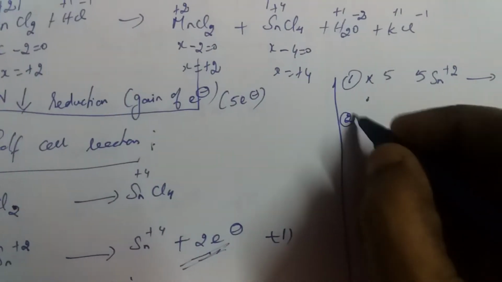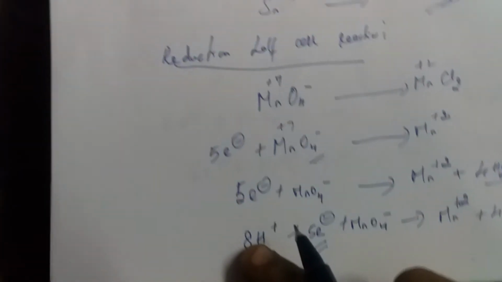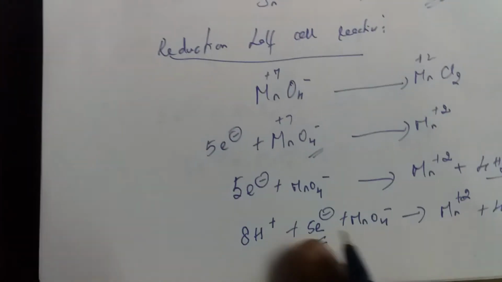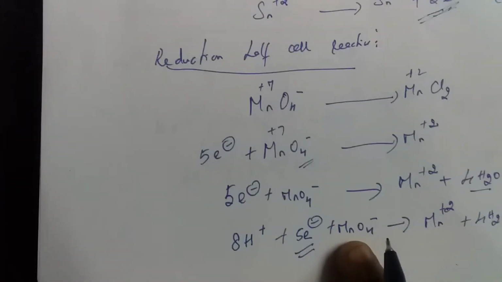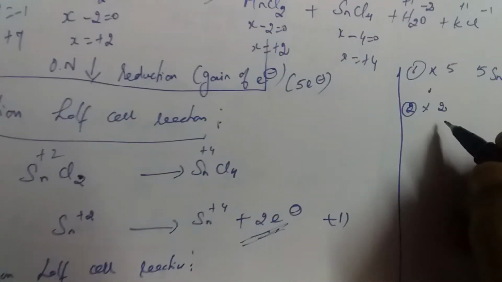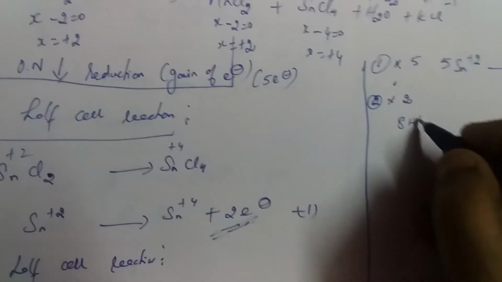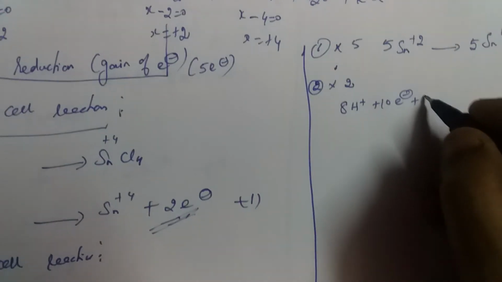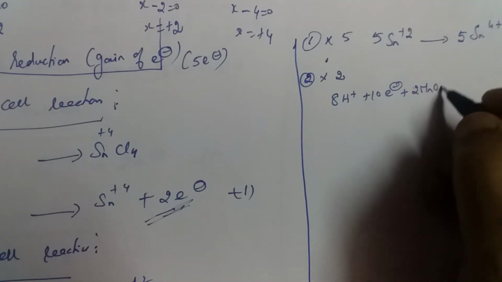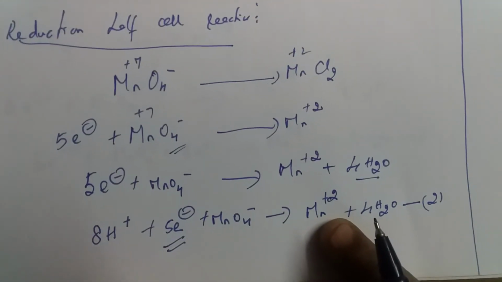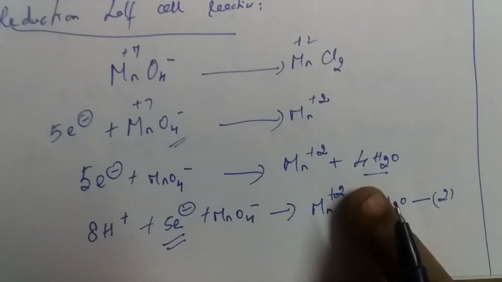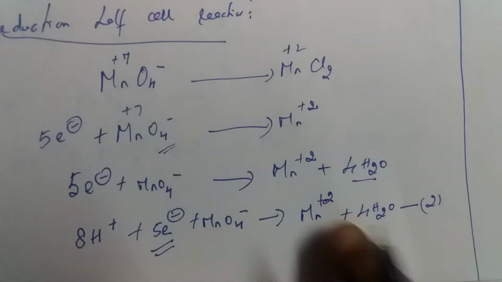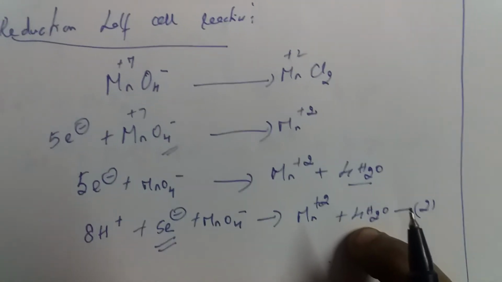Here 8H plus is present, therefore 16H plus plus 10 electrons plus 2 MnO4 minus gives 2 Mn2 plus, since 1 into 2, plus 4H2O, therefore 8H2O.